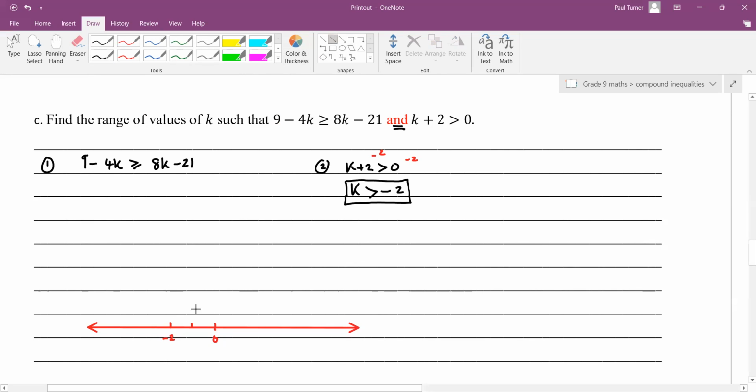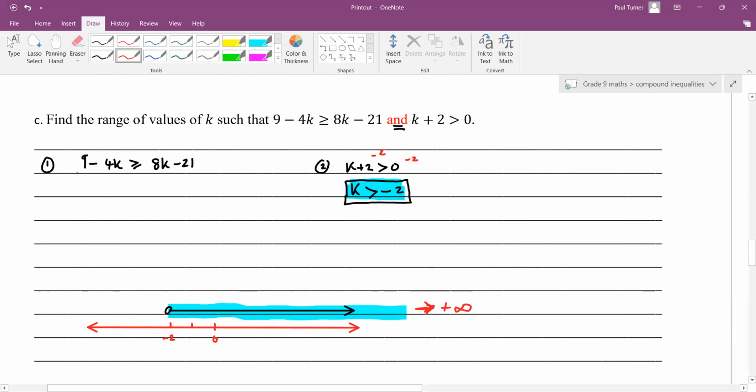And I'll put an open circle here because we need to be greater than that. Okay, so that's the first one. All right, so just going to be greater than negative 2, and that will go to positive infinity. That's infinity, not 8 on the side, if you didn't know.